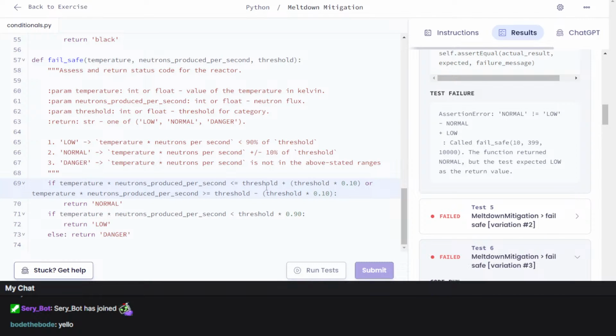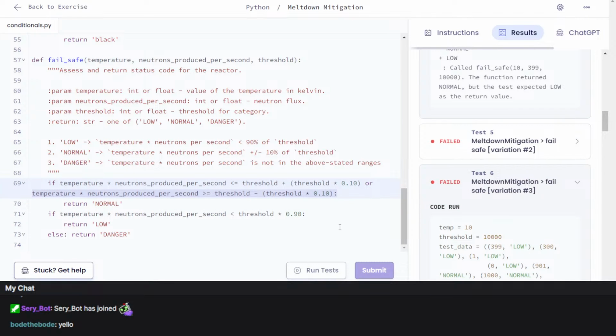Less than? Okay, so it will fail this. The threshold minus 1,000 is 9,000. But it's gonna pass this one. And this is wrong. How do I make this right?